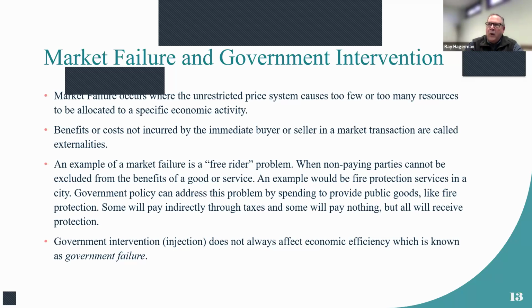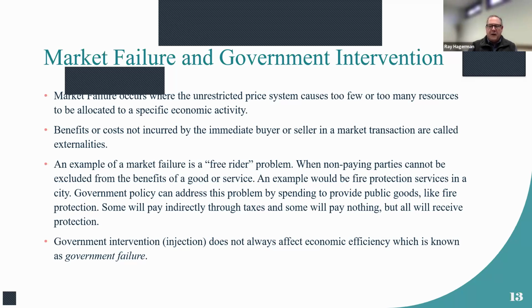So a way to keep a free rider problem from occurring is that government policy could address this problem, and usually does. They spend the money to provide a public good. In this case, fire protection: if you live in this city, regardless of where you live, you aren't explicitly charged for that service. So the fire protection will happen, whether you paid for it or you didn't.